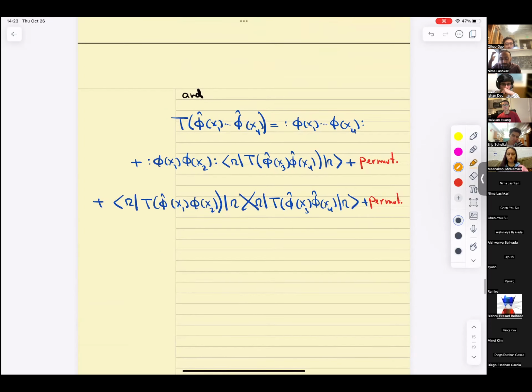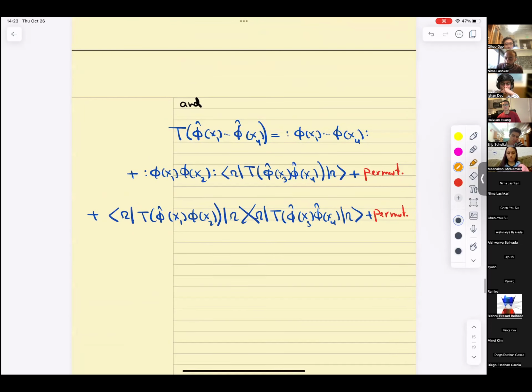And then finally, I want to comment on this 4-point function as another example. So the 4-point function, the time ordered thing, will be the normal ordered one plus the normal ordered 2-point function with the 2-point function expectation value plus all the permutations, and the 2-point functions plus the permutations.